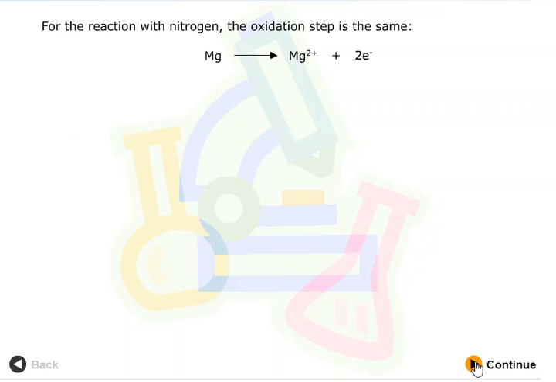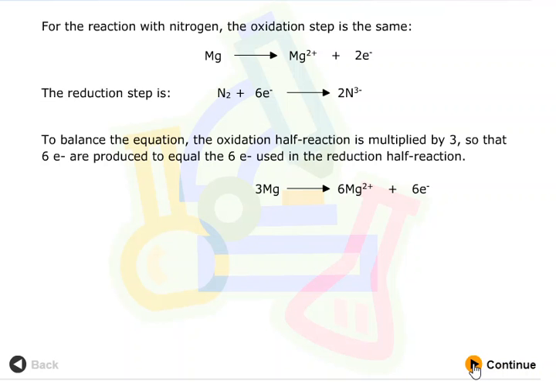From the reaction with nitrogen, the oxidation step is the same. The reduction step is nitrogen plus 6 electrons to form 2N3-.